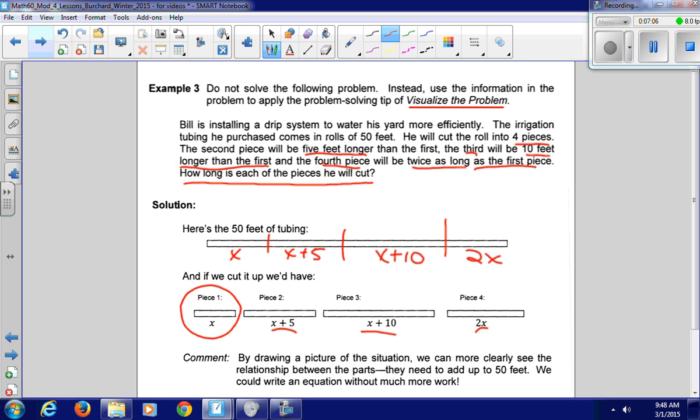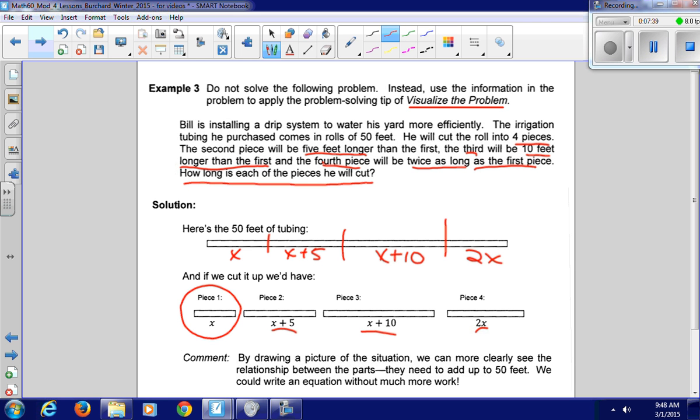Some of the problems I've recently seen you all work, this would have been a great way for you to do it. Chopping it up, drawing something visually. We worked a problem recently that had a lot of fractions in the word problem. But I think if some of you had drawn it out and drawn a visual before you ever got to the fraction part, I think it would have helped you, and we'll practice some of those in class.